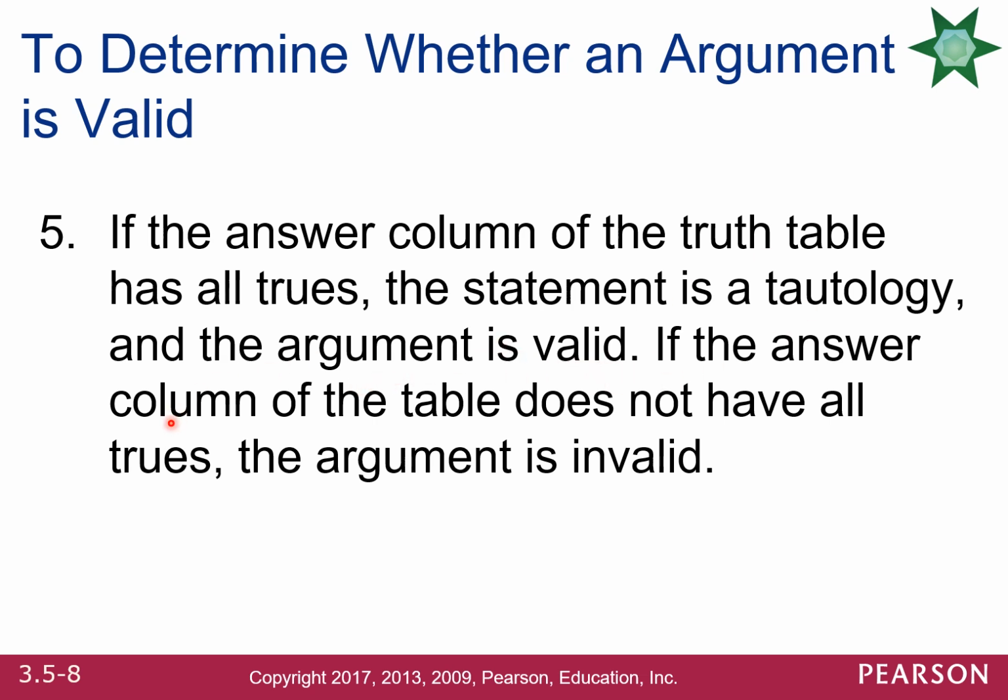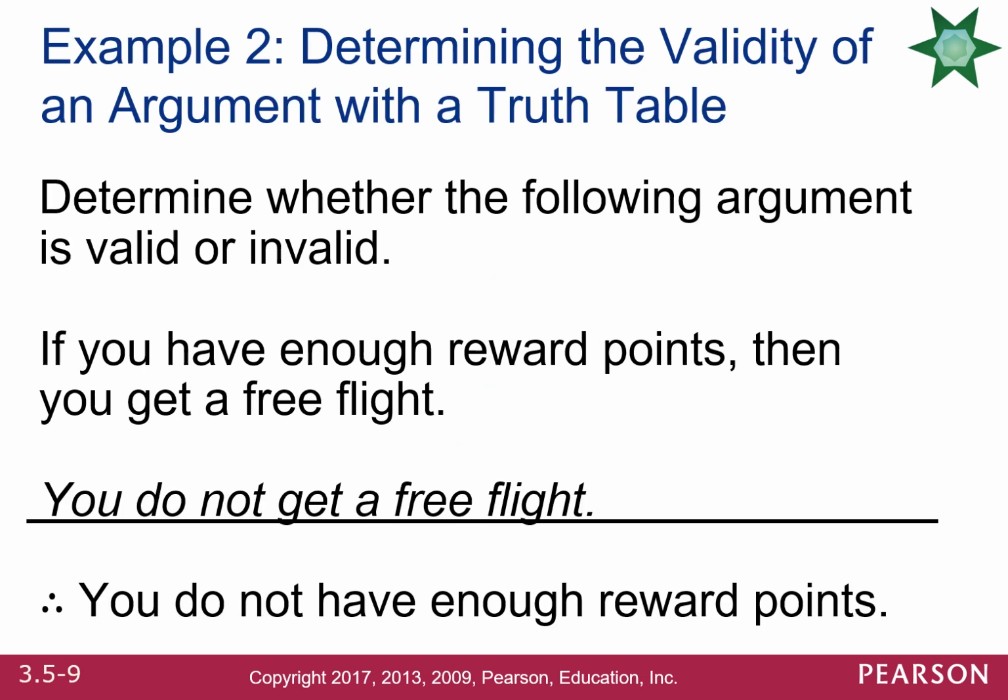If the answer column of the table does not have all truths, the argument is invalid. This is how we are going to arrive at a conclusion whether the argument is valid or not. In the next few slides we'll work through an example of validating an argument.